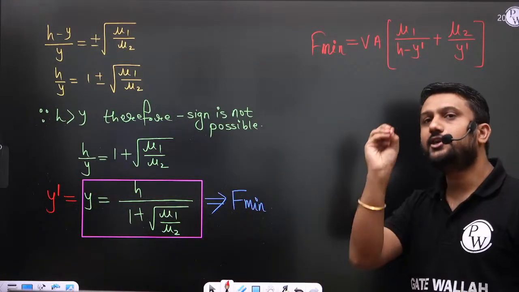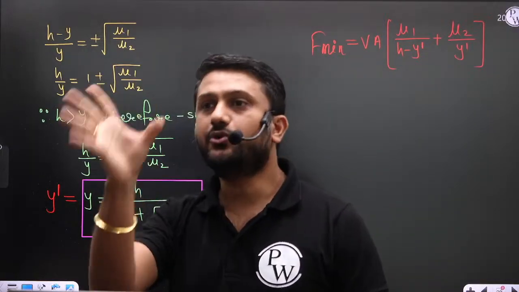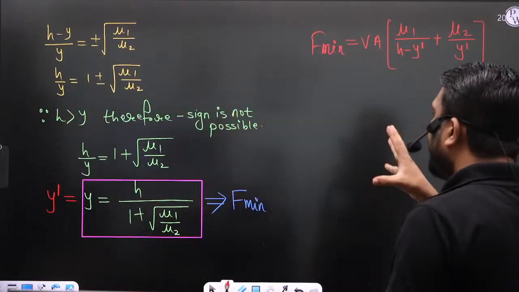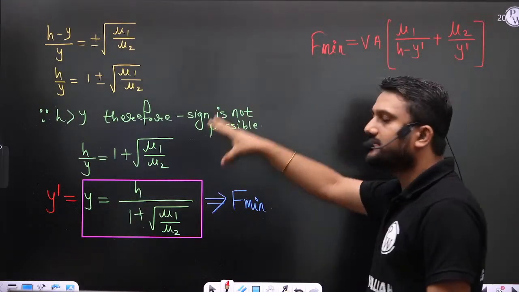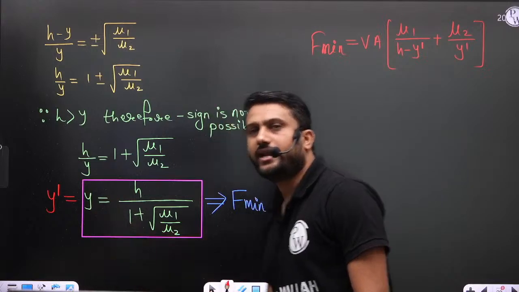You will get that the double differentiation value is greater than 0, which means that at this particular y, your F is minimum.